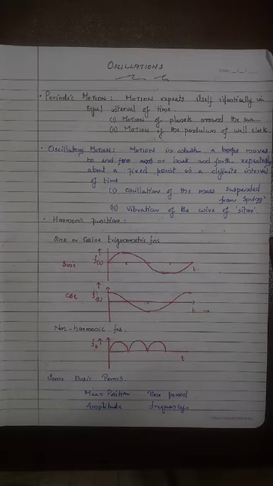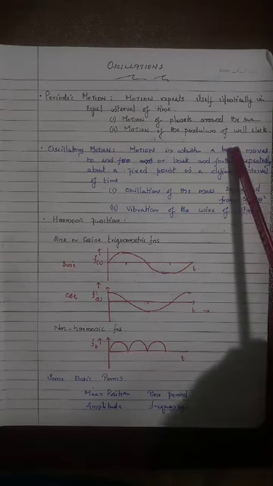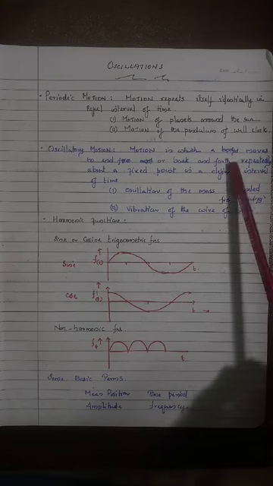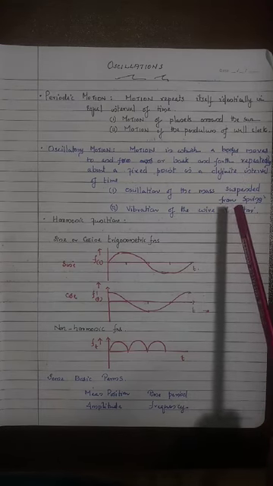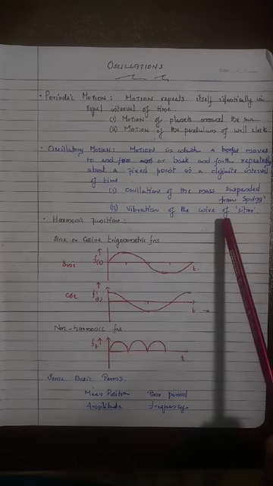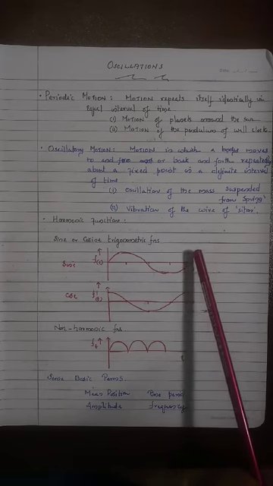Look at the examples. The motion of planets around the sun and the motion of a pendulum wall clock are examples of periodic motion. But the oscillation of a mass suspended from a spring or the vibration of the wire of a sitar are good examples of oscillation.